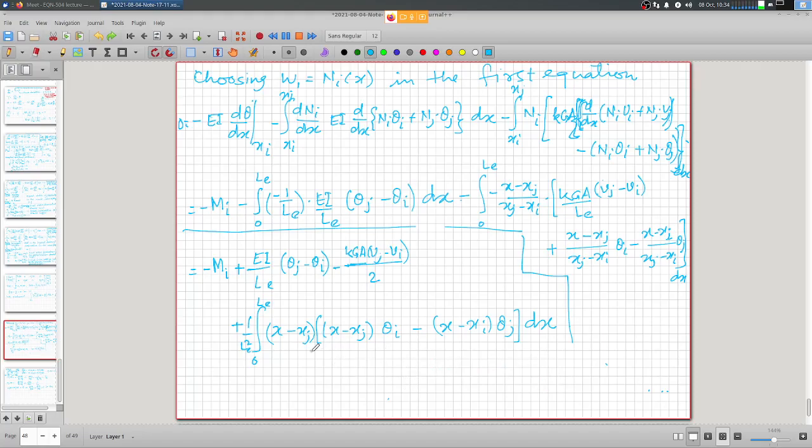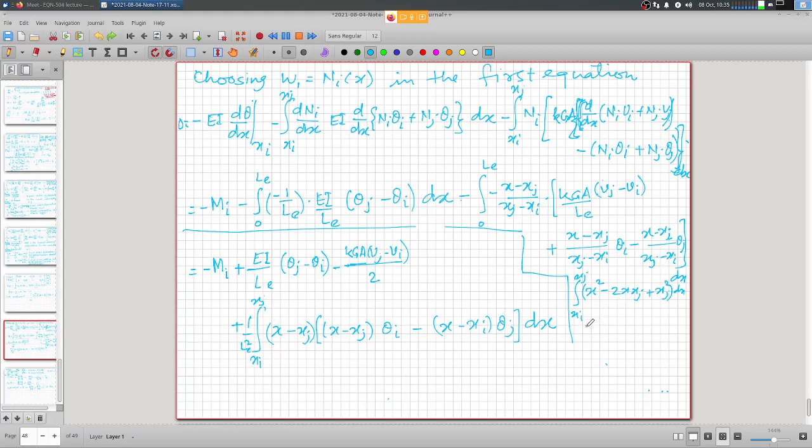So this is of course a square, so x square minus twice xj plus xj square, and this needs to be integrated from xi to xj. Let us keep the limits the same, xi to xj, because the interpolation functions are in terms of xi and xj.